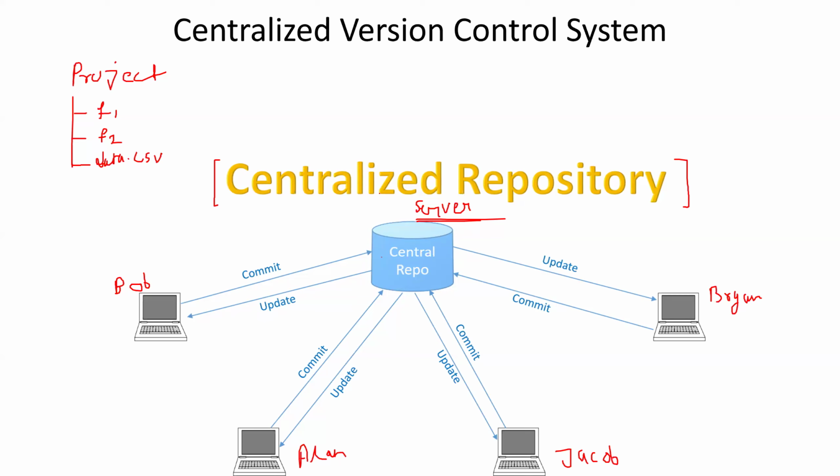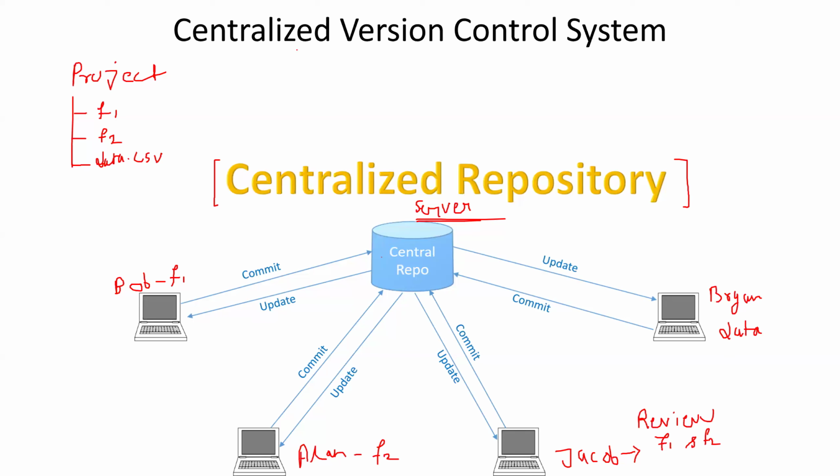So let's say this is Bob, who is working on file F1. This is Alan, working on file F2. This is Jacob, a manager who is reviewing whatever has been worked on in F1 and F2. And then we have Brian, who is working on the data.